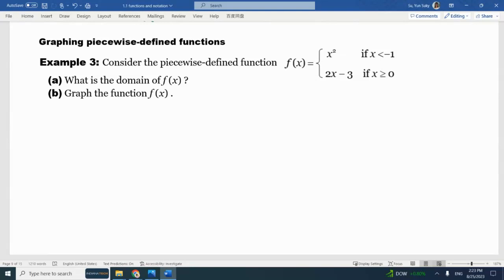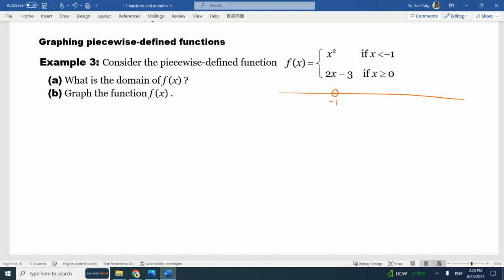First, find the domain of f. Look at the piecewise function. These tell us the domain. If x is less than -1, we use this formula, and if x is greater than 0, we use this formula. So if you draw the picture, -1 is here.